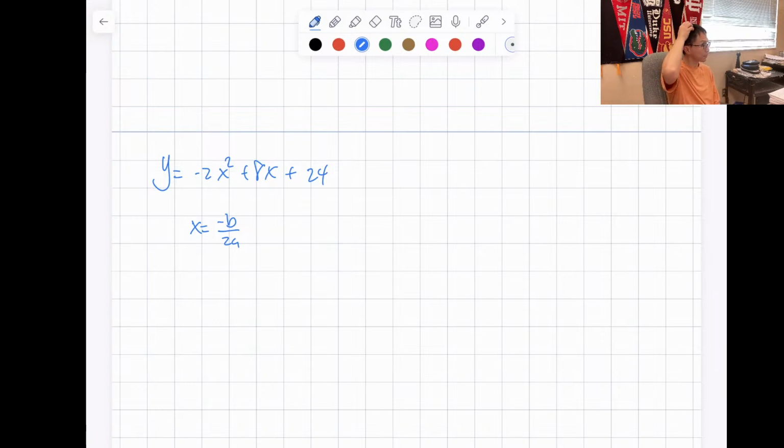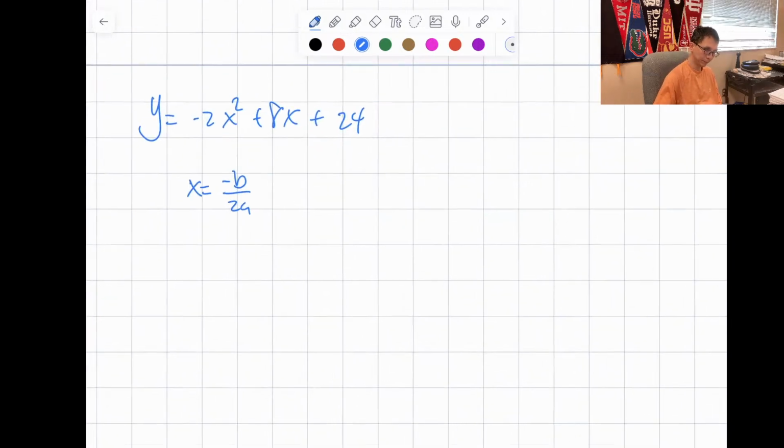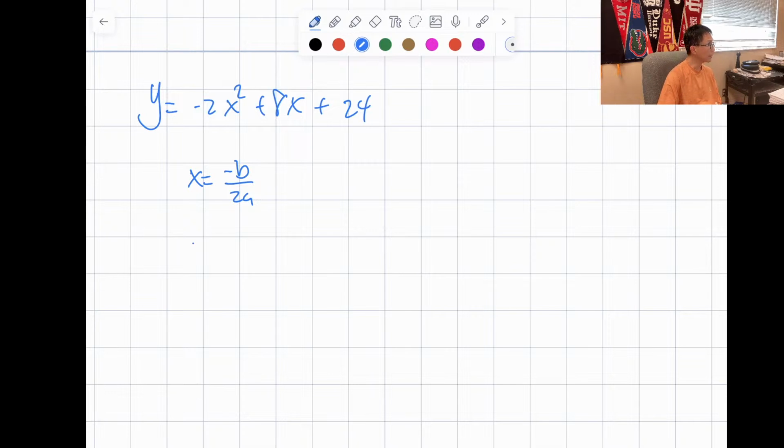This is the axis of symmetry. All right. Did you guys get it?